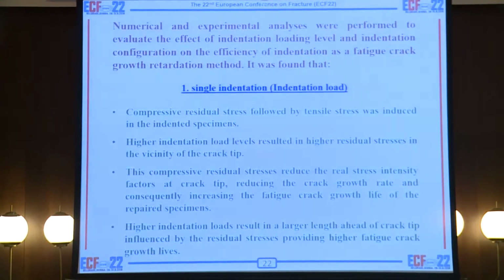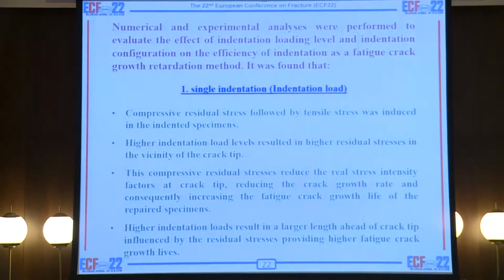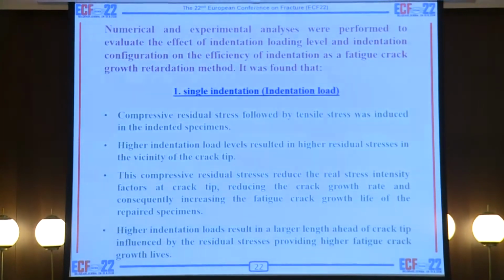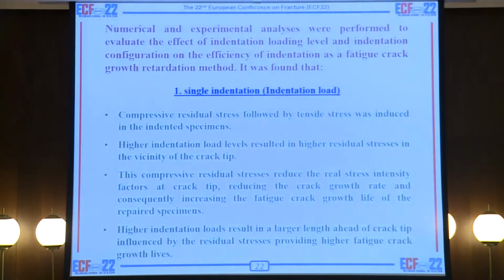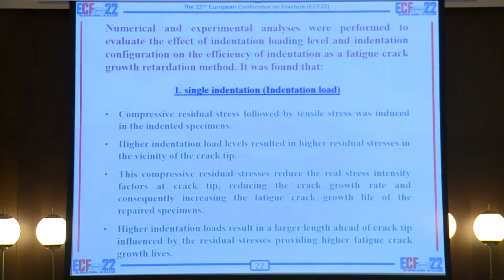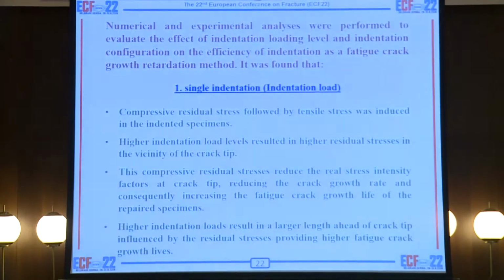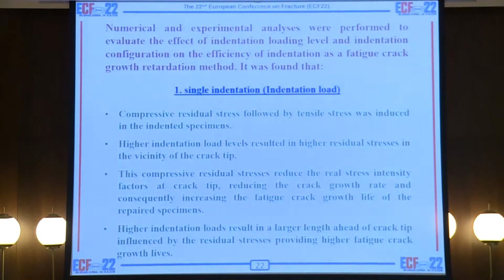Conclusions. For the single indentation case, we saw that the compressive residual stress exists in front of the crack, followed by the tensile residual stress, and higher indentation load results in higher compressive stress, which results in higher fatigue life, which is obvious, and in accordance with the work done by Goto in 1996.